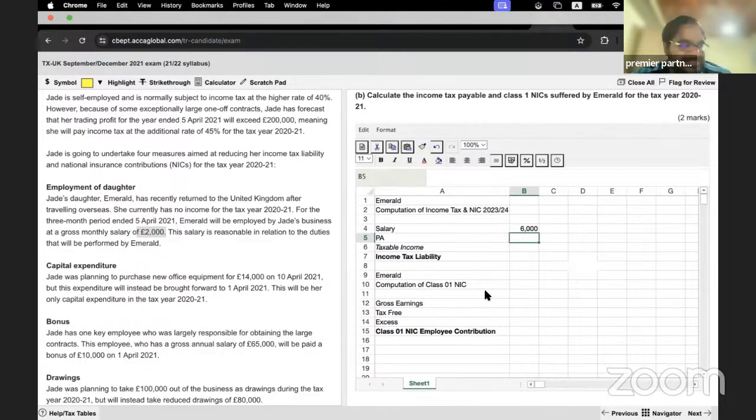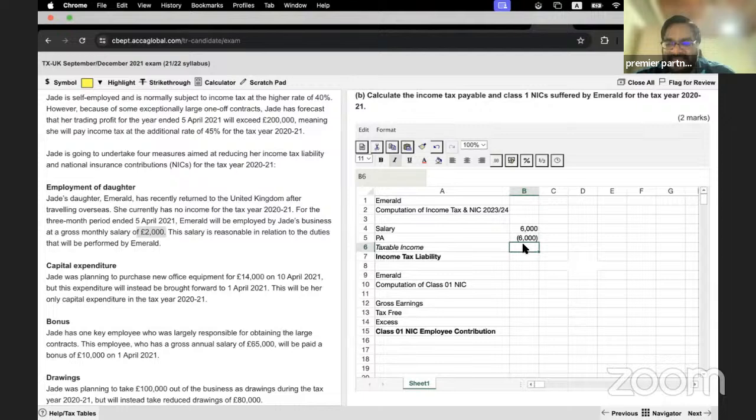Can she claim her personal allowance? Right. So if she claims her personal allowance, what will happen? This entire 6,000 will be taken out by her personal allowance. Great.